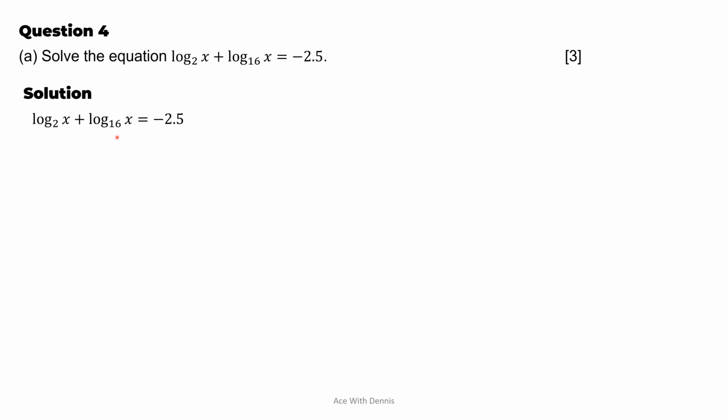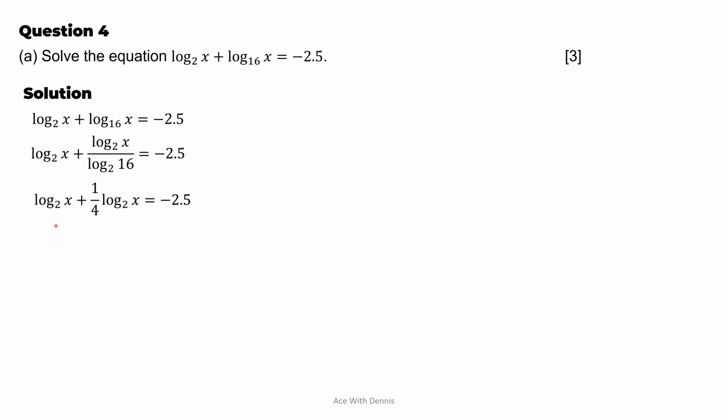So we have to make them have the same base by applying the change of base law. Usually, we choose the lower base as the standard base, or we choose the prime number. So in this case, we can write it as log 2x plus log 2x over log 2 16 equals negative 2.5.